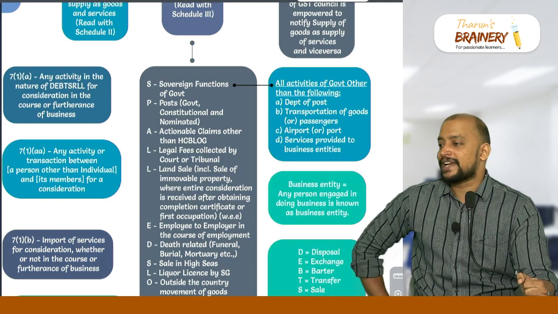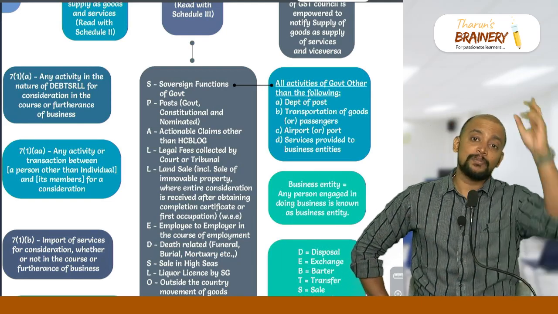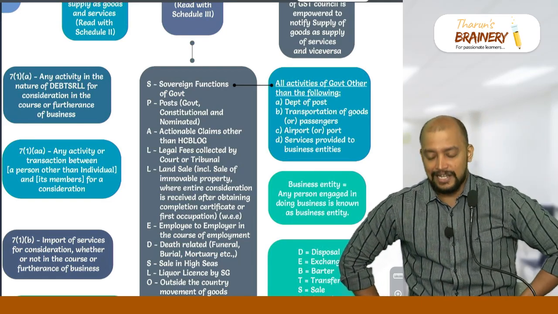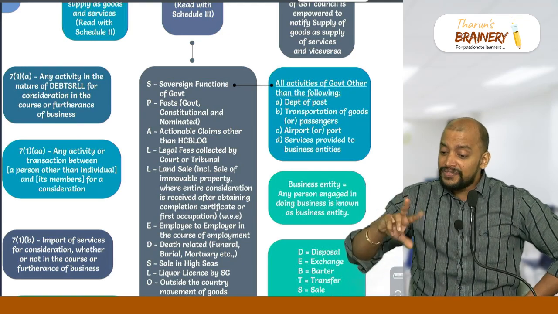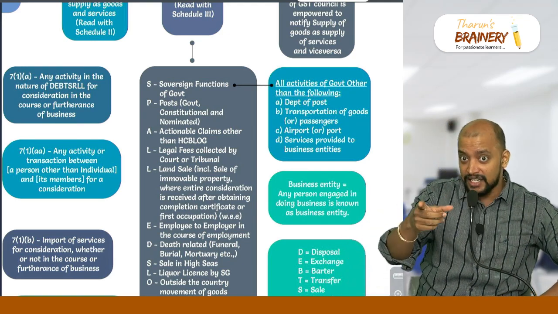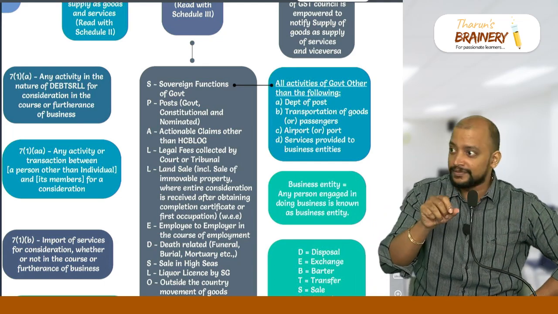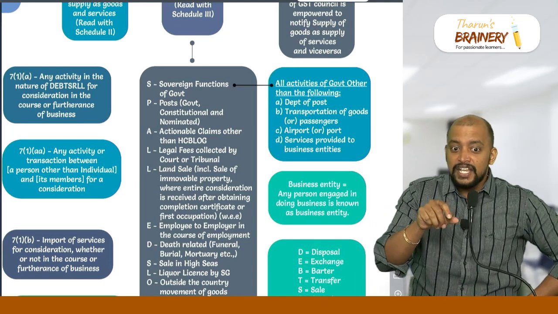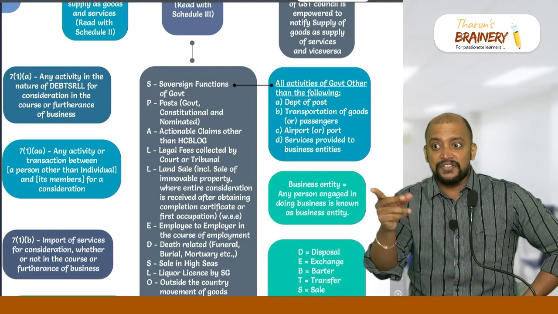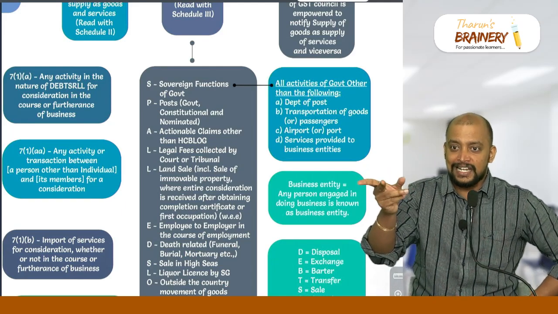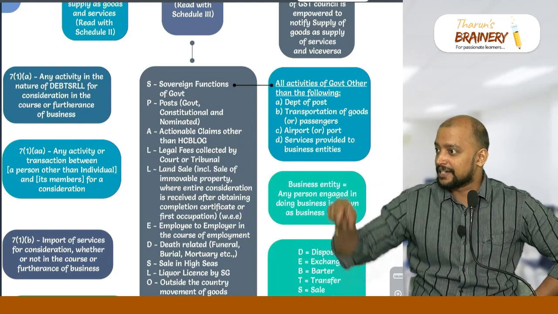Why are they not paying tax? Because long back there was a Supreme Court judgment that if it is a game of skill, it will not come under gambling or betting. If it is a game of chance, it will come under gambling and betting.